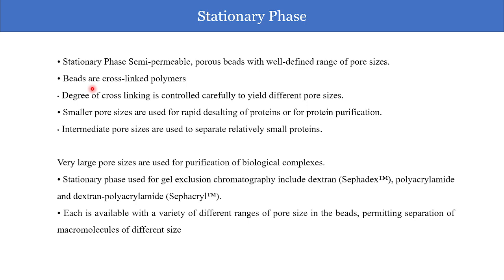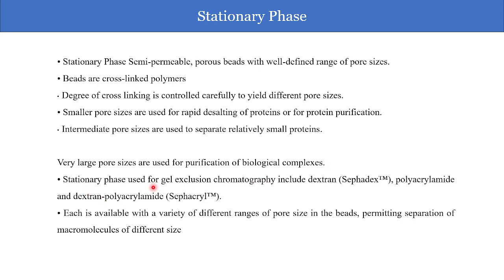The degree of cross-linking is controlled to yield different pore sizes. The smaller pore sizes are used for rapid desalting of proteins and for protein purification. The intermediate pore sizes are used to separate relatively smaller proteins, and very large pore sizes are used for the purification of biological complexes.